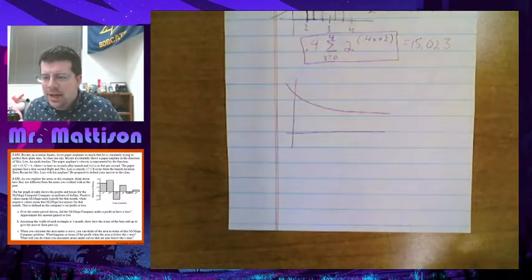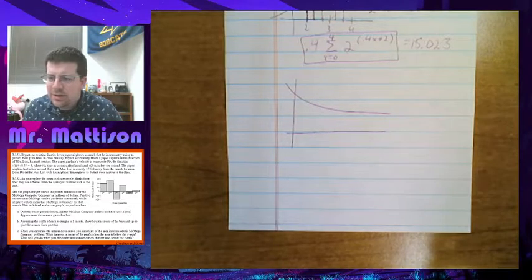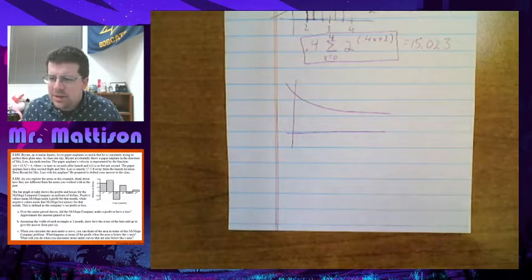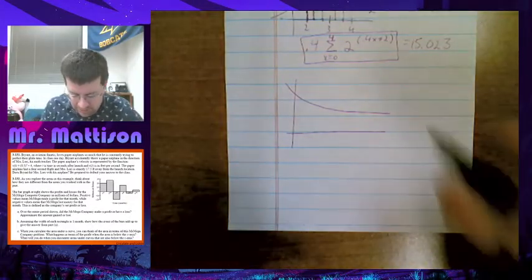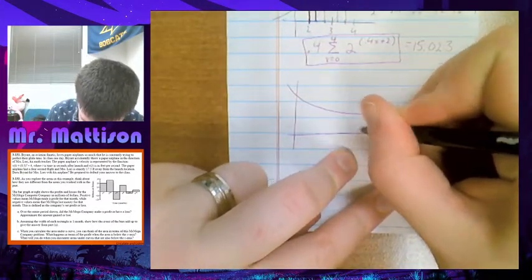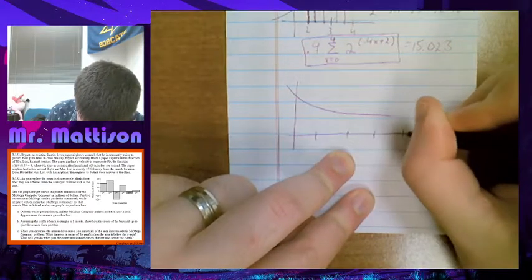And then we're looking at this over the course of, is it 4 seconds? The plane had 4 seconds of flight. Yep. So we want to go 0 to 4 seconds. So 1, 2, 3, 4.